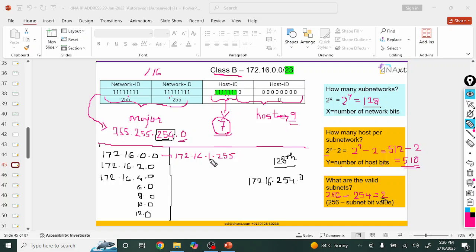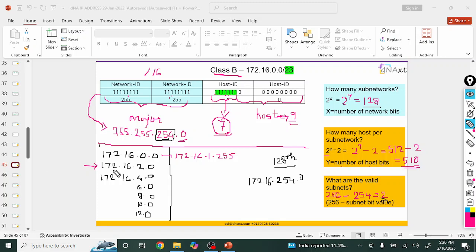So there will be an increment of 1 and it becomes 2.0. From 2.0 your next subnetwork starts, therefore 172.16.1.255 is the broadcast ID over here, because in this case all the host bits are 1. When all host bits are 1, that is your broadcast ID in that particular subnetwork.